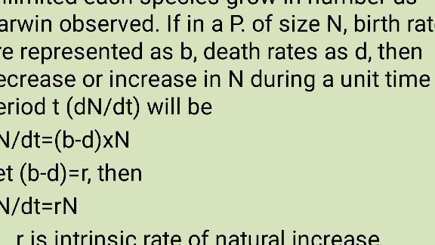Here dN/dt is the change in population density with time t, and N is the population density. And r is b minus d. Actually, r is the intrinsic rate of natural increase, that is birth rate minus death rate gives r. It tells how many individuals are added.